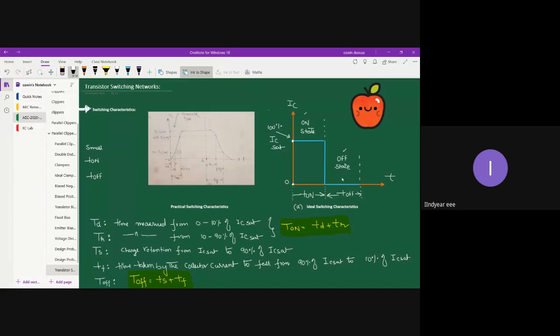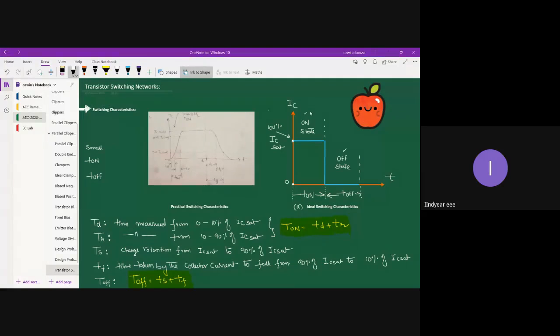So in case of ideal switching characteristics, it is expected that when the switch is turned on, or when the transistor is turned on, the collector current should flow through the transistor, and the collector current ideally should be as high as possible. When the transistor is turned on, the transistor gets into the saturation region, right?